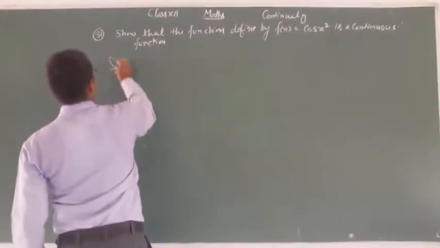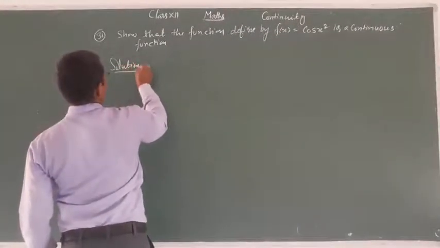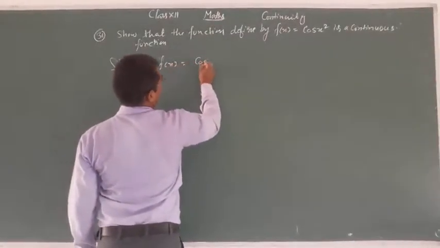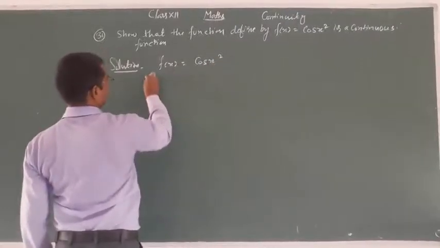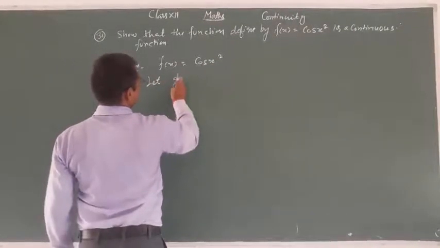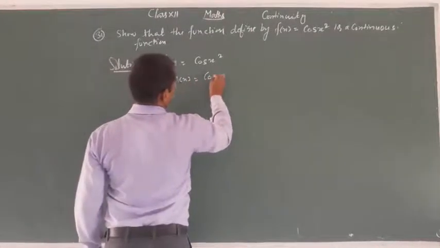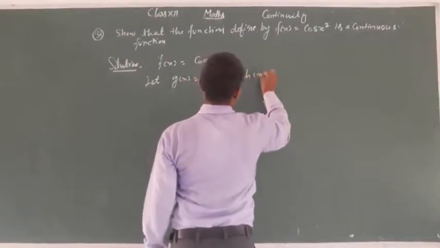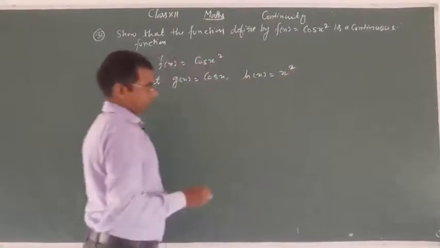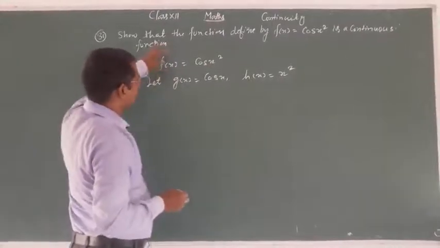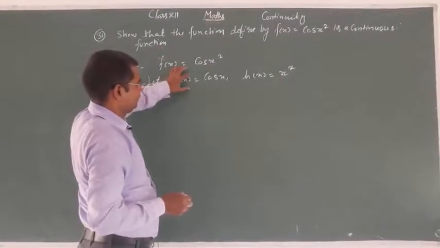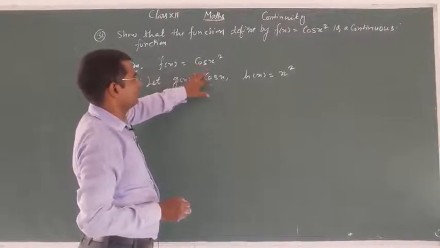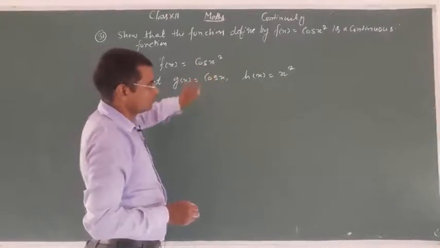Now solution: given function f(x) is equal to cos x square. Now let g(x) is equal to cos x and also h(x) is equal to x square. Now there are two functions, g(x) is equal to cos x and h(x) is equal to x square.